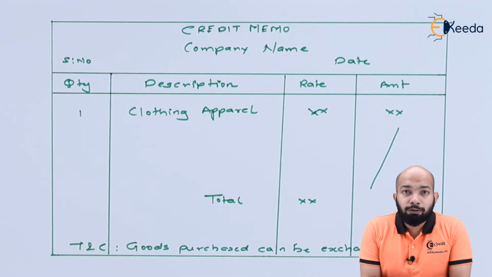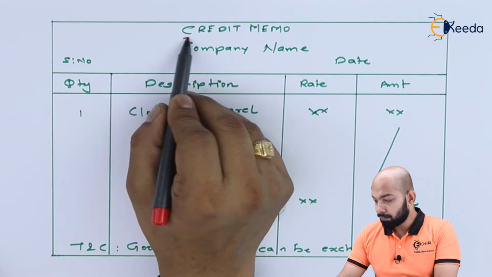So this is the basic format that we have prepared here. We'll explain how this format has been prepared and what details are required. Let's go ahead and highlight each and every point.